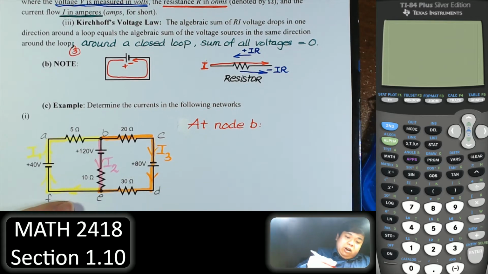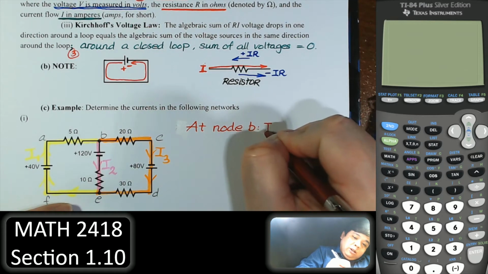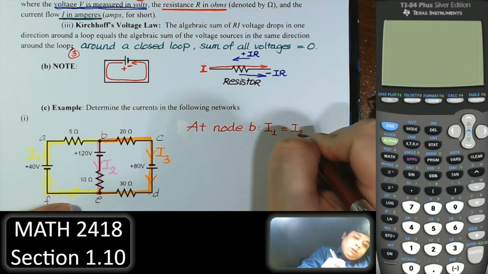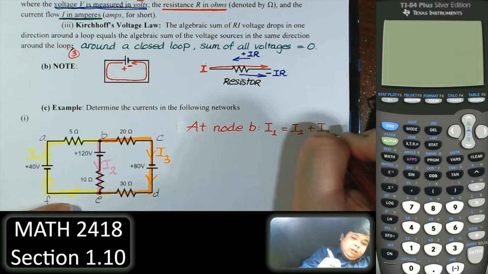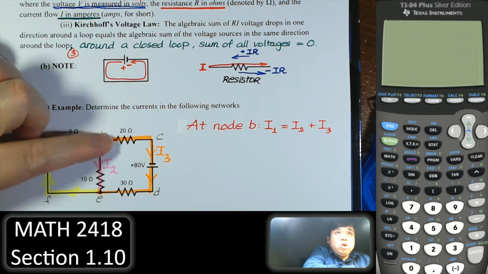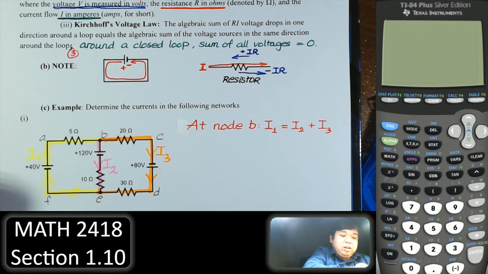So at node B, what we have is I1 equals I2 plus I3, because I1 is coming in, and I2 and I3 are coming out. So that's the first equation. We have three variables here, so we should have three equations, so the solution has a chance to be unique. Now we look at the loops.